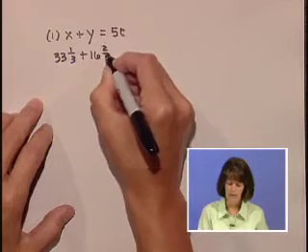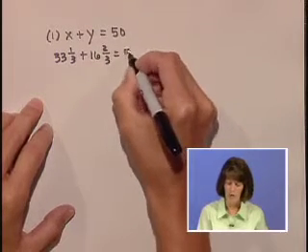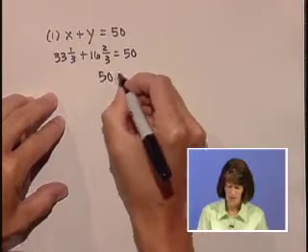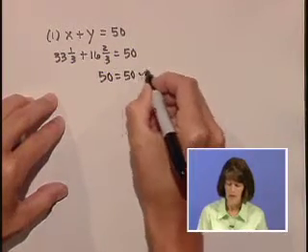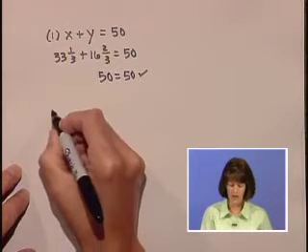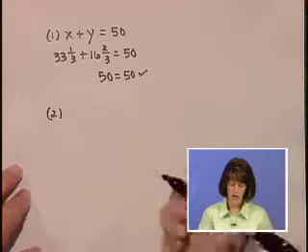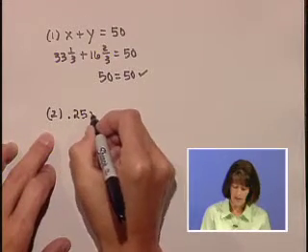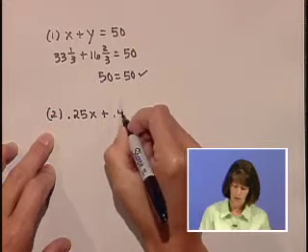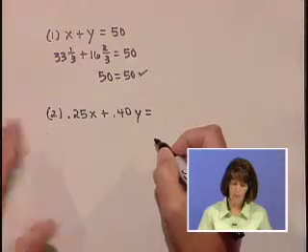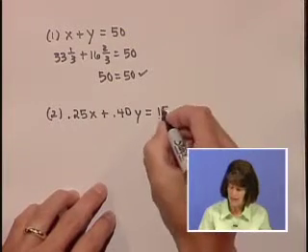We had gotten 16 2/3 for y. And indeed, when we sum these together, we do get 50. The values check in equation 1. Let's check in equation 2 as well. Equation 2 was 0.25x plus 0.40 times y is equal to, and on the right-hand side of that equation we had a 15.